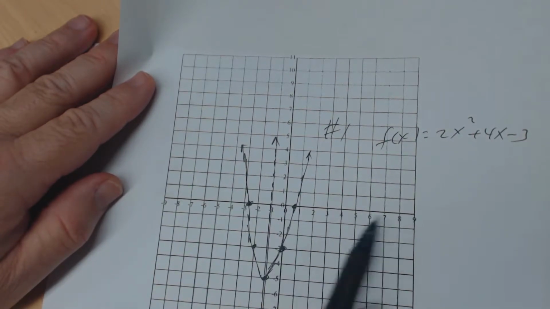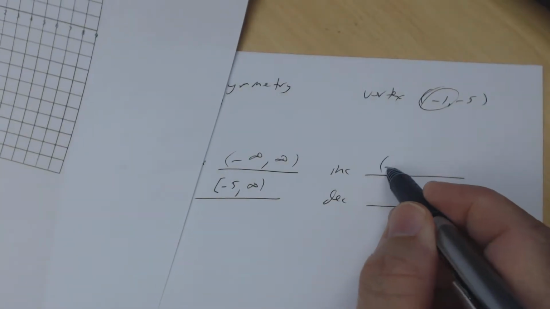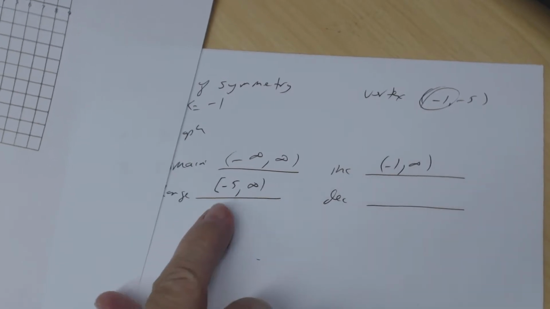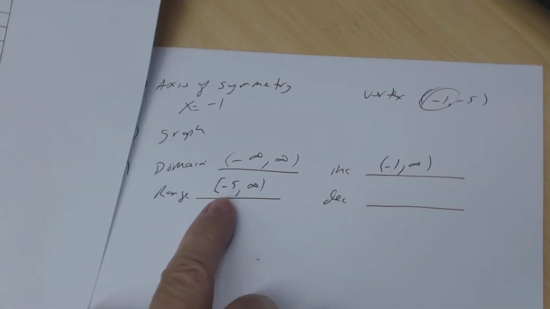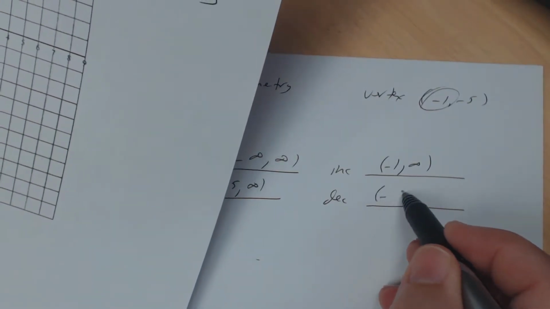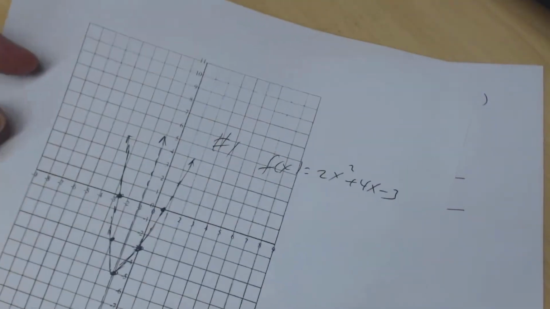And then from -1 to infinity, my y values are increasing. Okay, so increasing from -1 to infinity. So make sure you use open intervals. The only time you're going to use brackets is with the domain and range. And then decreasing from negative infinity to -1. Okay? Alright, so that takes care of number 1.